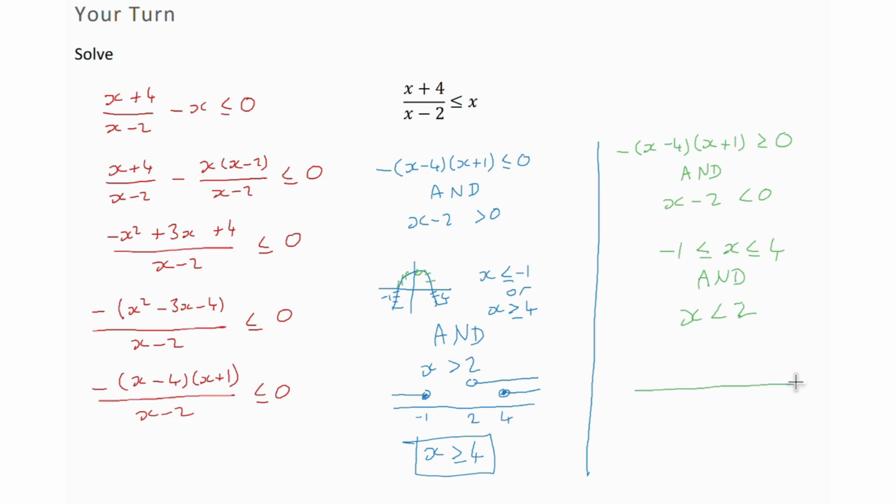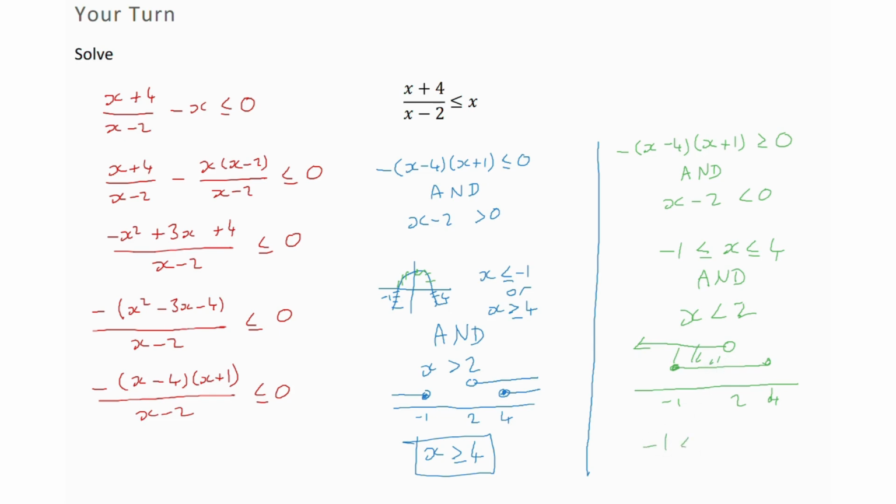So again, let's think about it this time. The quadratic bit is saying anything between -1 and 4, and this one is saying anything less than 2. When are both of these things true? Well, it's this bit here where they're both true.